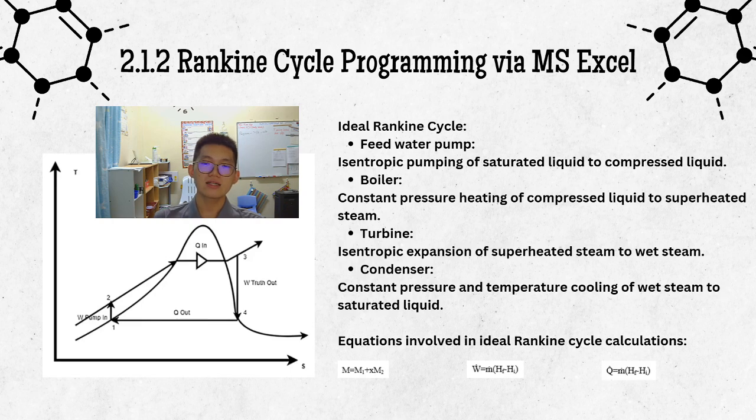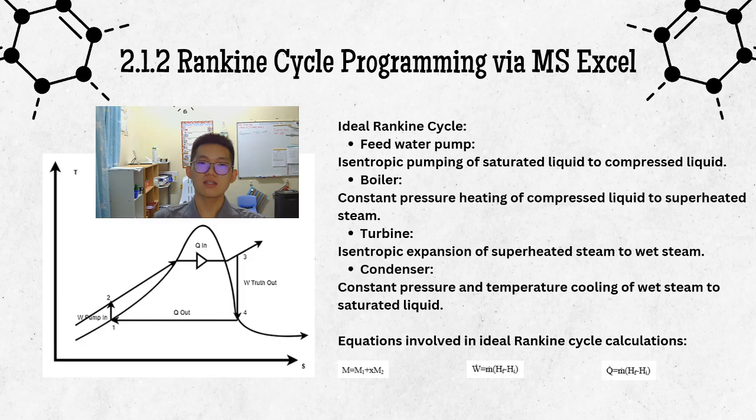For ideal Rankine cycle calculations, there is interpolation of steam tables for wet steam in order to calculate the thermodynamic parameters. These thermodynamic parameters are calculated by using equations involving the quality of steam.